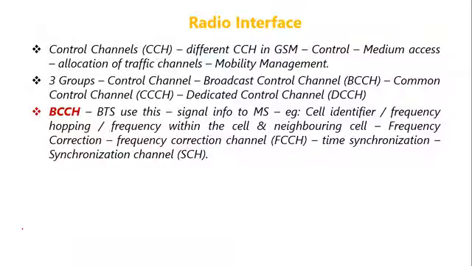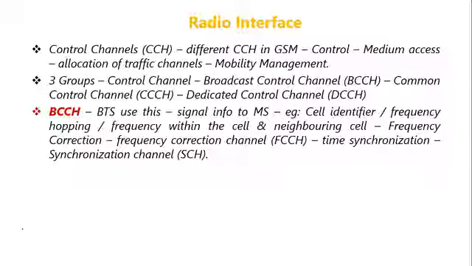That information also will be transmitted through the broadcast control channel, along with the frequencies available inside the cell and in the neighboring cell. These types of information are sent by the BTS to the mobile station through this particular channel, BCCH.